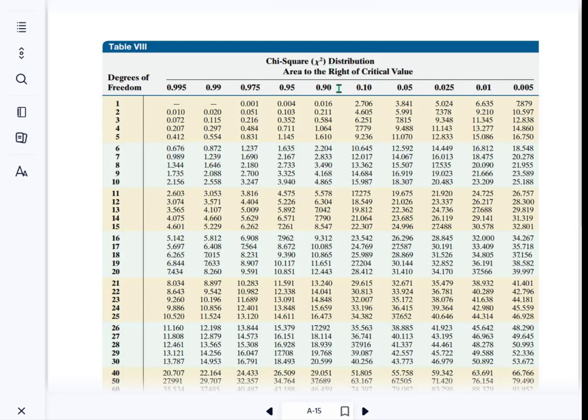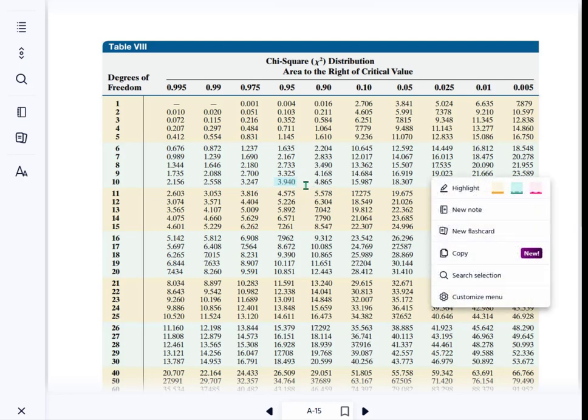So 1 minus 0.05 would be 0.95. So that's this column. We basically match up this column with this row, and if you look at the left, we're in the 10 row, that would give us 3.940. So that's our critical value.